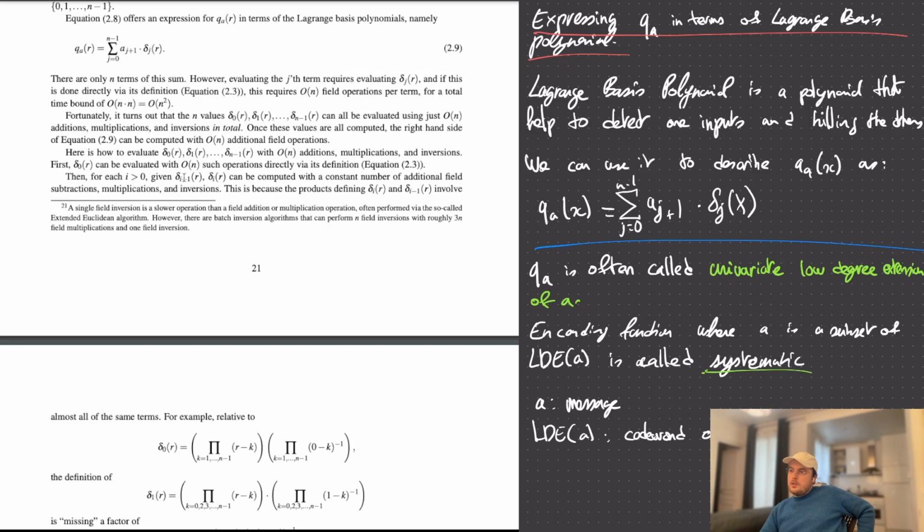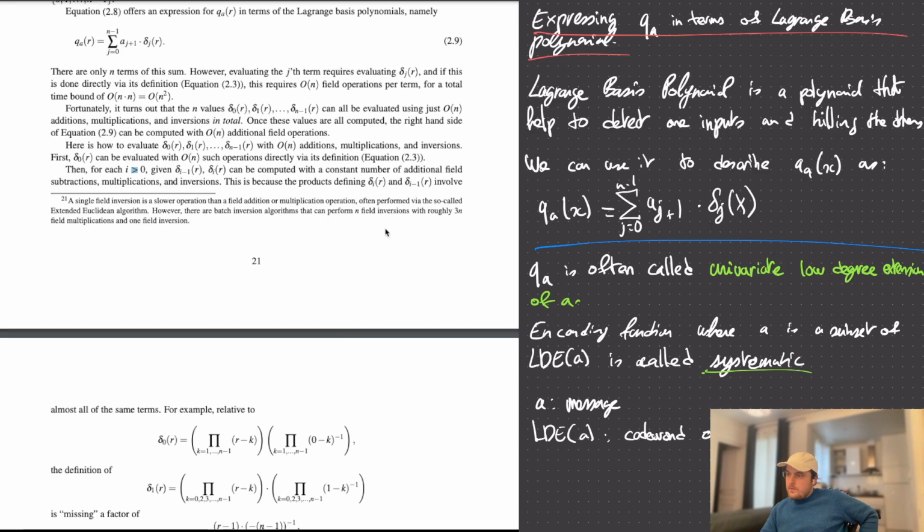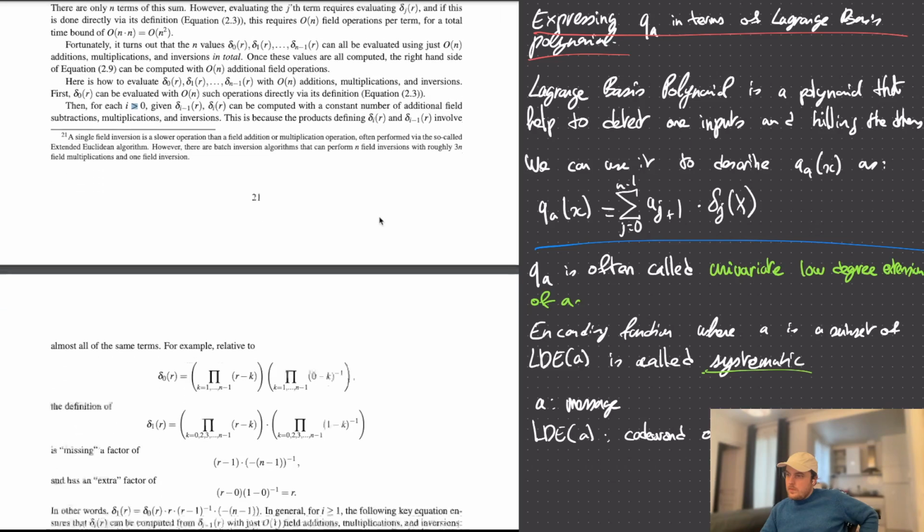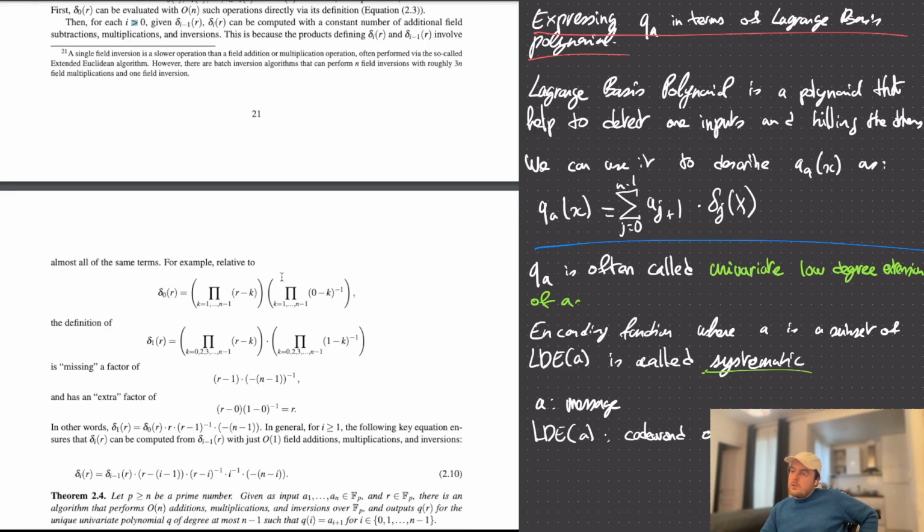First, delta 0 of r can be evaluated directly. Then for each i which is bigger than 0, you're computing it relative to the previous result, right?